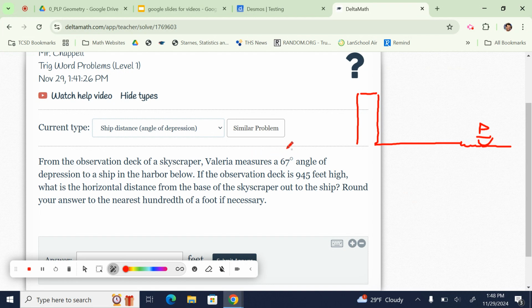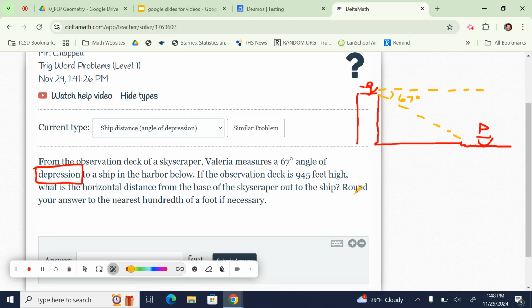So it says that there's a 67-degree angle of depression. That is formed by a horizontal going from Valeria and a line of sight going to the ship. This angle right there is my 67-degree angle.